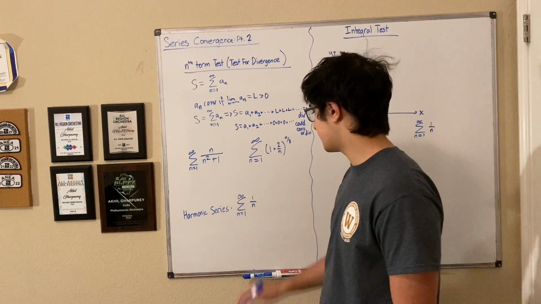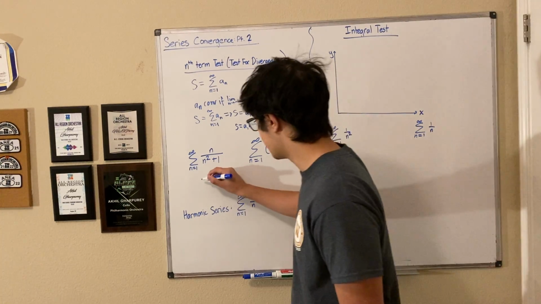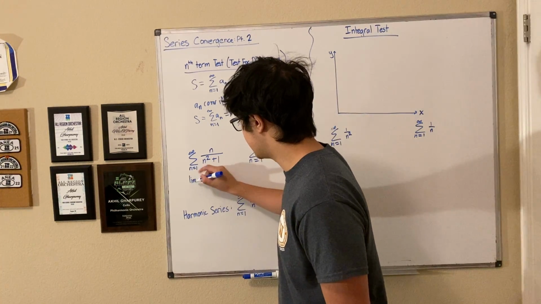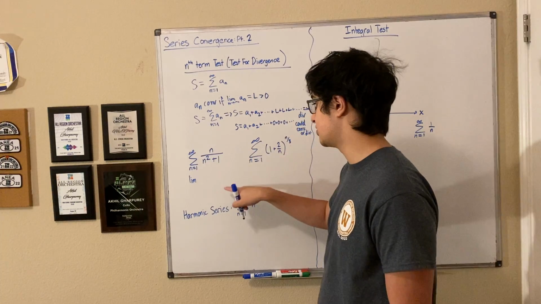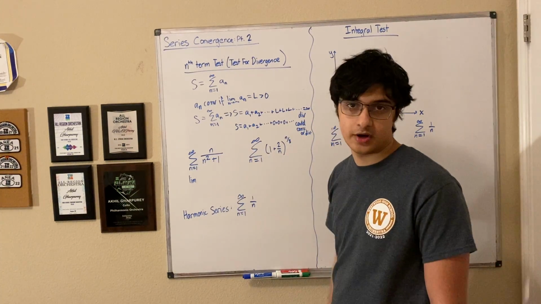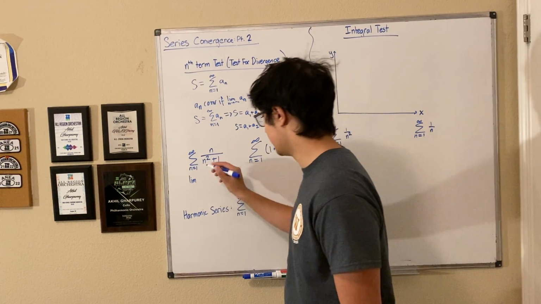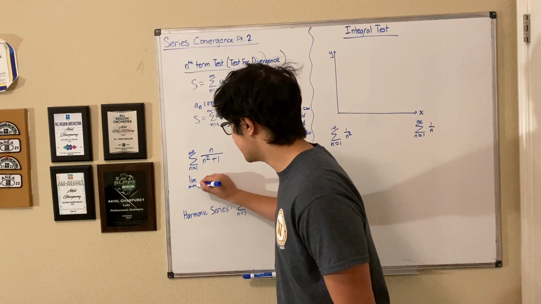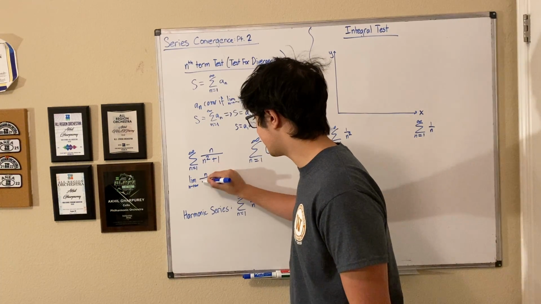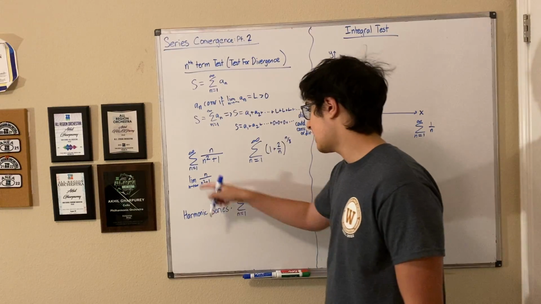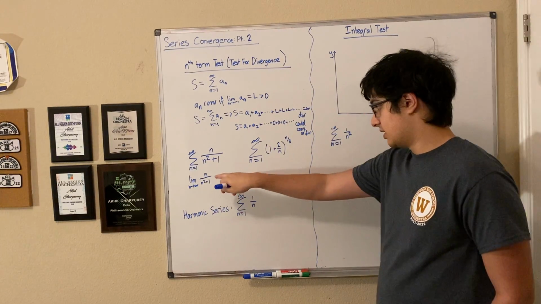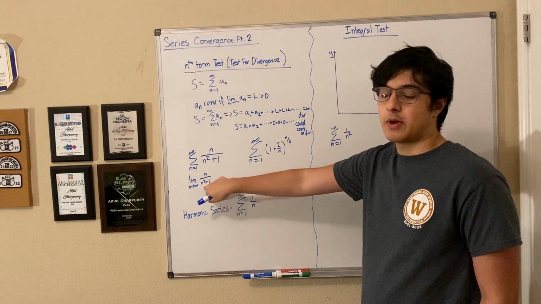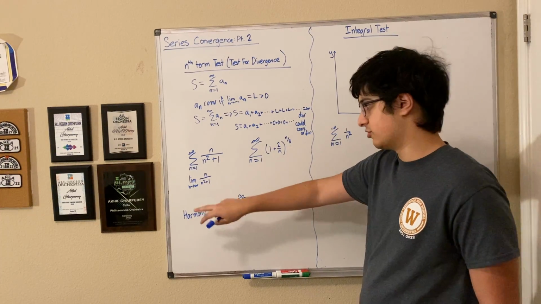So let's go ahead and get into some examples here. We're just going to have these 3 examples that we're dealing with. So we have this series right here, the series going from 1 to infinity of n over n squared plus 1. Now what we're going to do, we're going to take the limit as n goes to infinity of n over n squared plus 1. And if you notice, this is just end behavior of a division of polynomial functions.